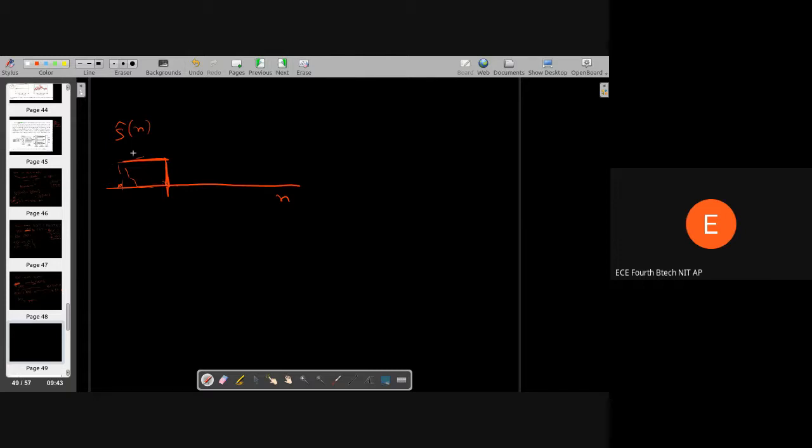Basically you put a window. Let's say y hat n equals some window w of n times S hat n. You take a window, this is called liftering. So you are left with only this part and the rest are zeros. And then obviously you do the Fourier transform.